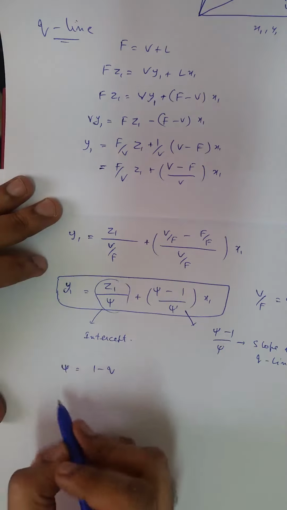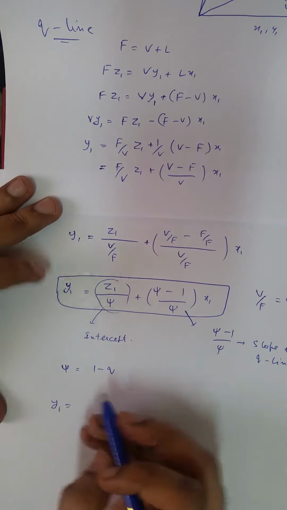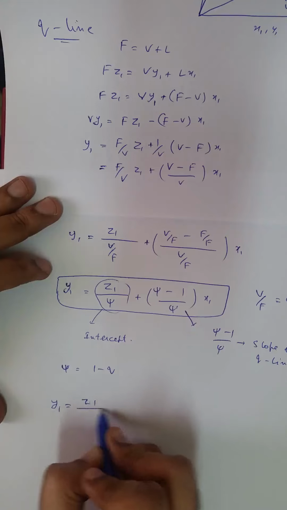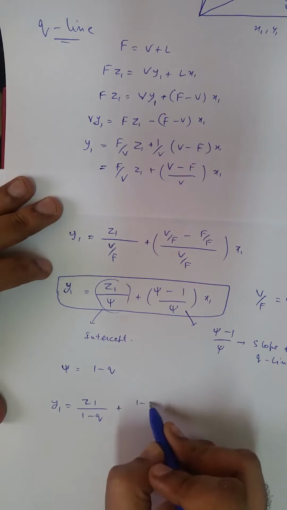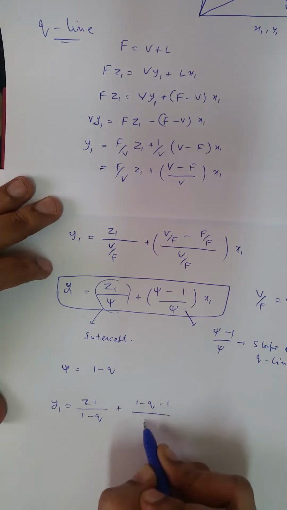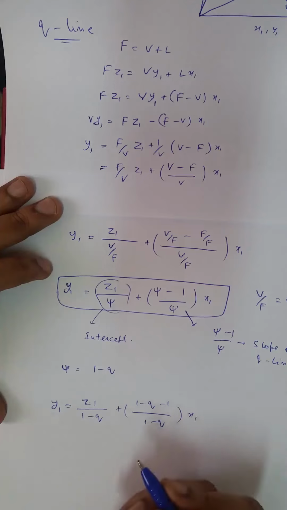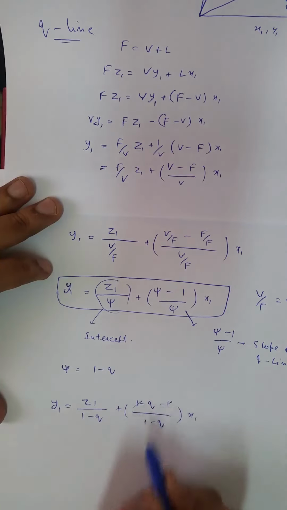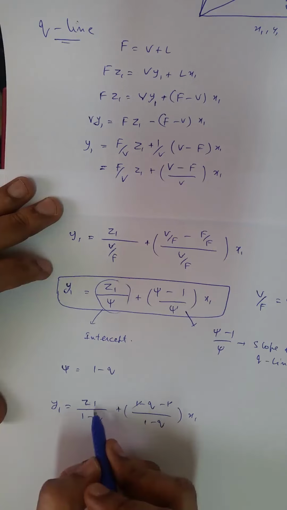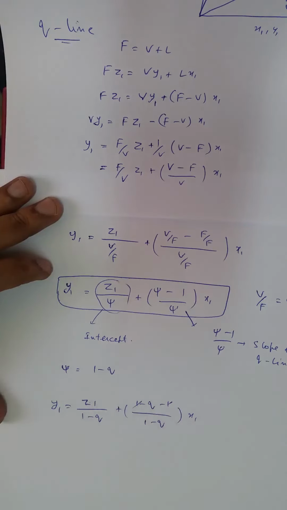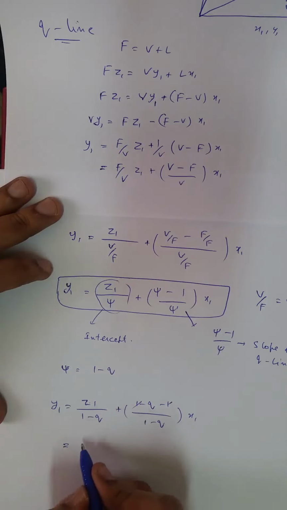So we can plug in over here and write it in q form, z1 over 1 minus q plus 1 minus q minus 1 over 1 minus q. So it cancels out, so we can have the final form.